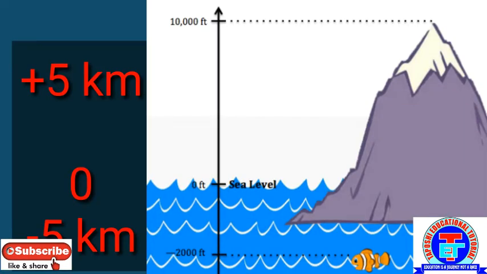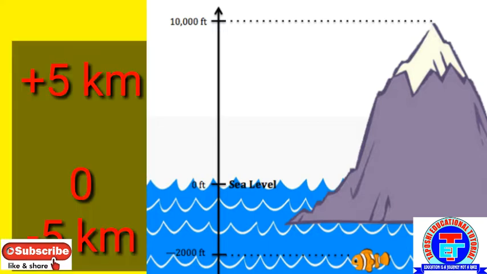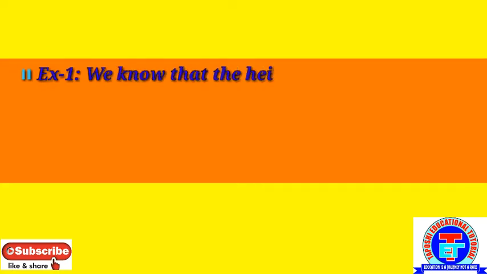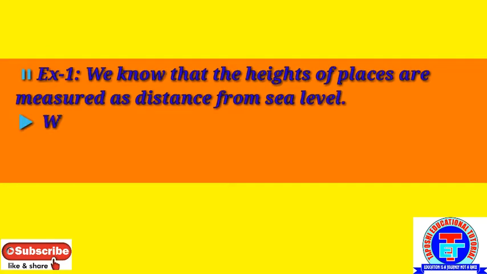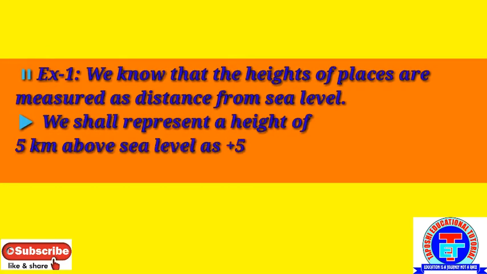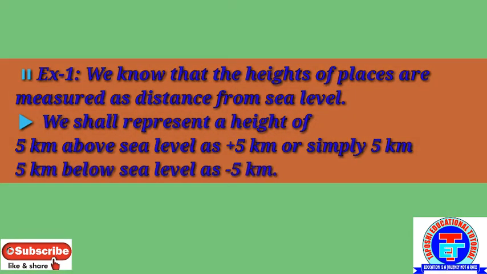We shall represent a height of 5 km above sea level as plus 5 km or simply 5 km, right? And 5 km below sea level we represent as minus 5 km, right?